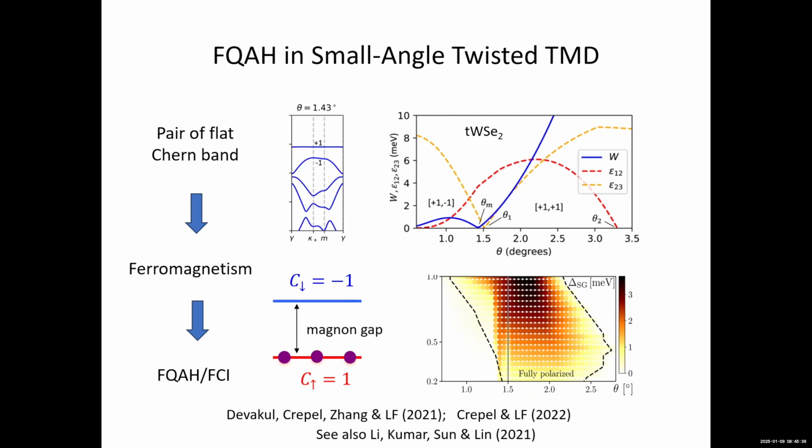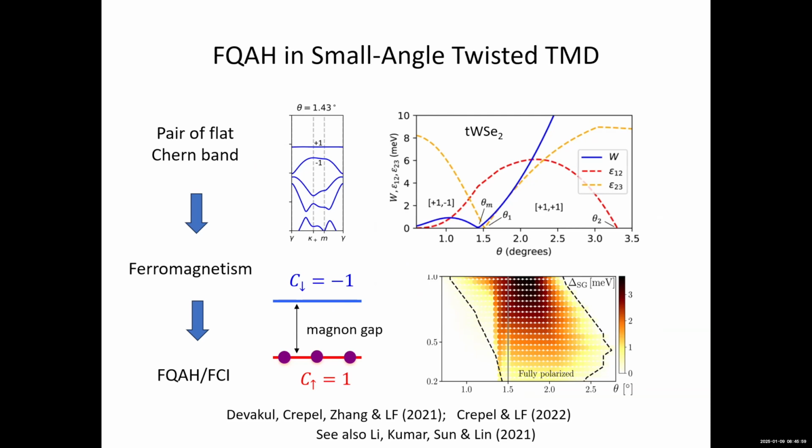And you see in a certain range of twist angles, ferromagnetism exists not only at half filling, n equals 1, but over a wide filling factor range, when a single band is partially filled.